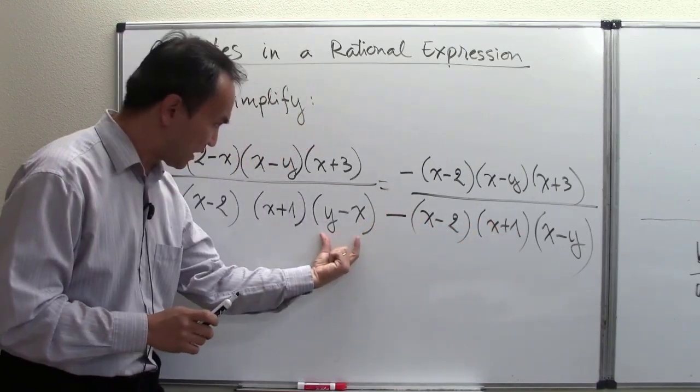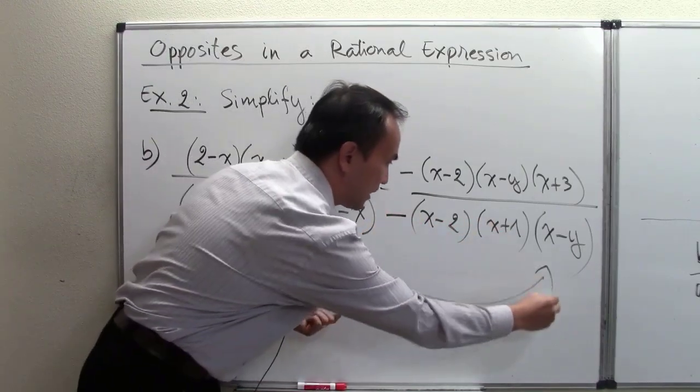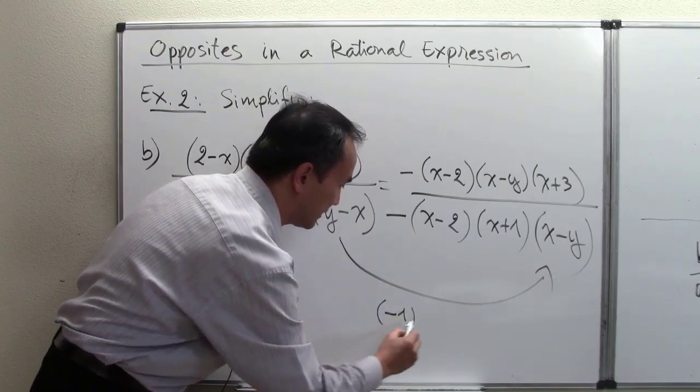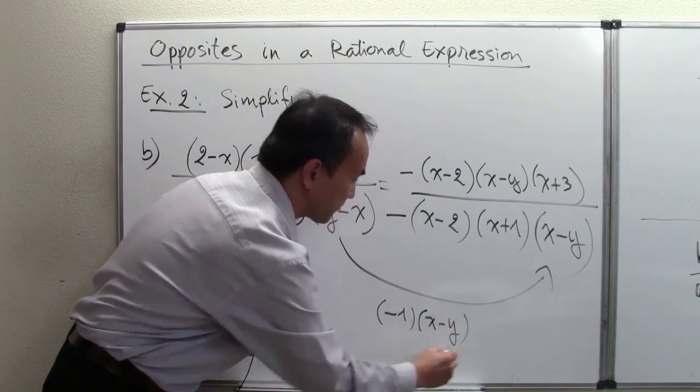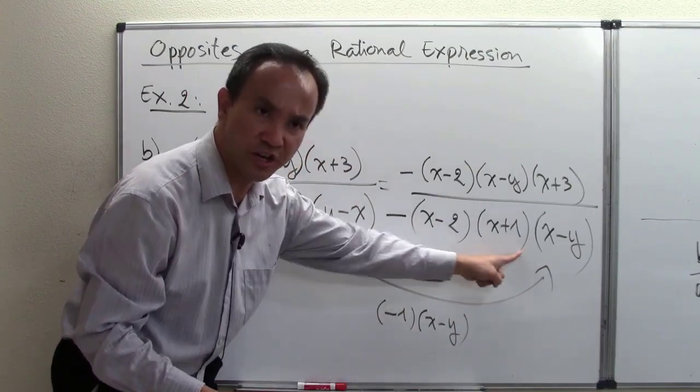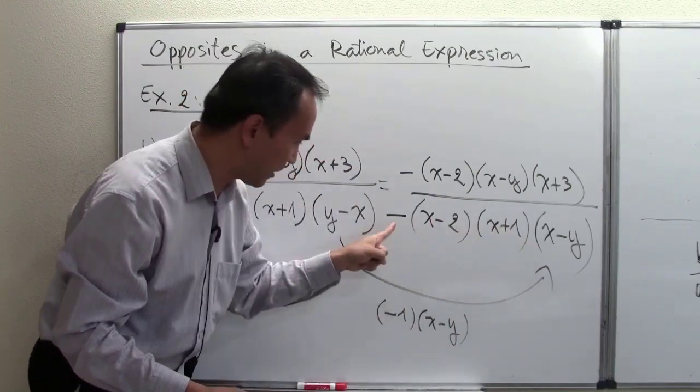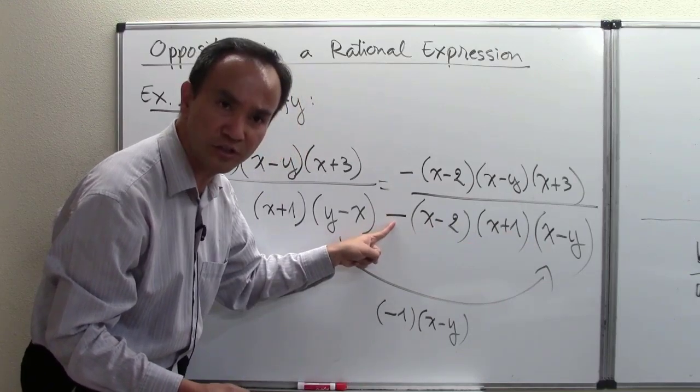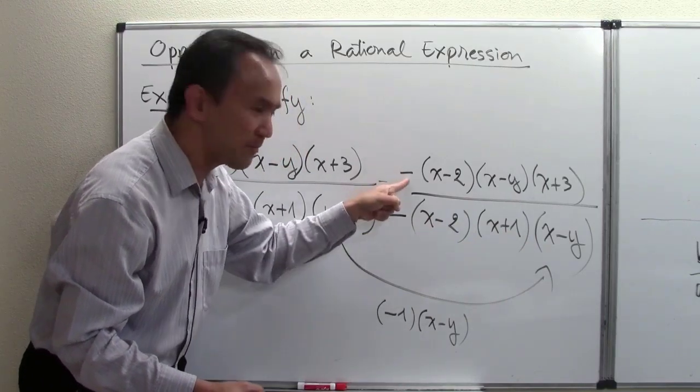So going from here to here really means a negative 1 times x minus y. By the associative property, you can bring that negative 1 factor all the way in front, and that's what causes this negative sign. The same explanation goes with the other one.